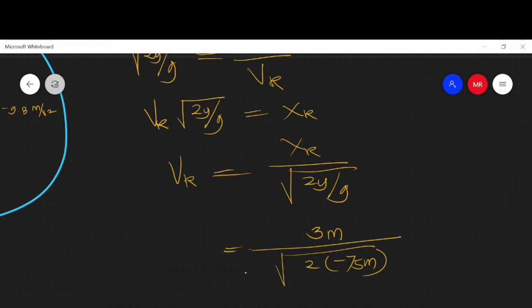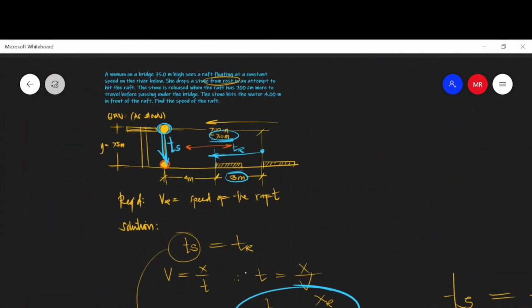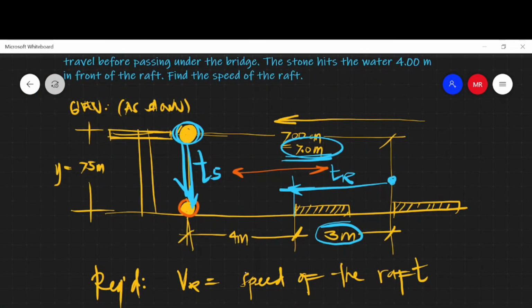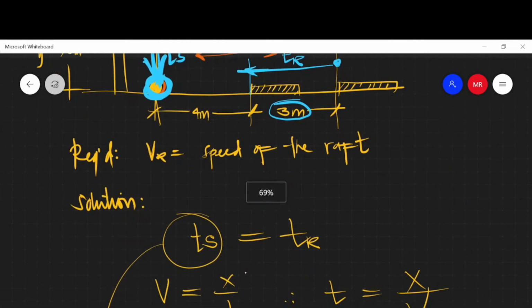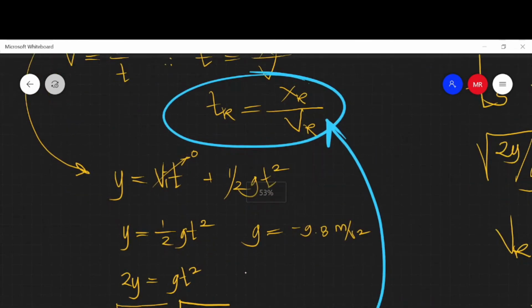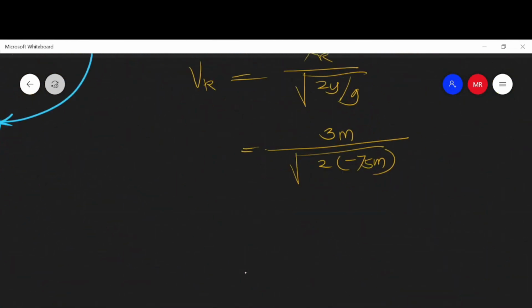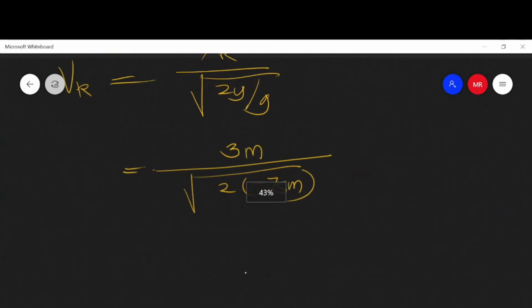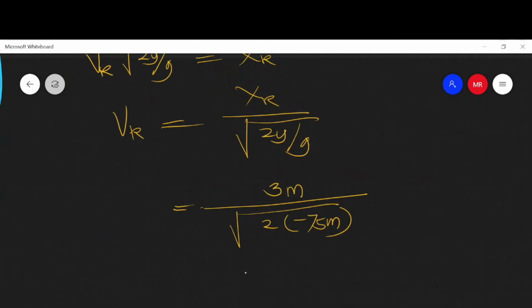We use negative 75 because the displacement of the stone from this position going down is negative 75, using our sign convention that going up is positive and going down is negative. So negative 75 divided by negative 9.8 meters per second squared.